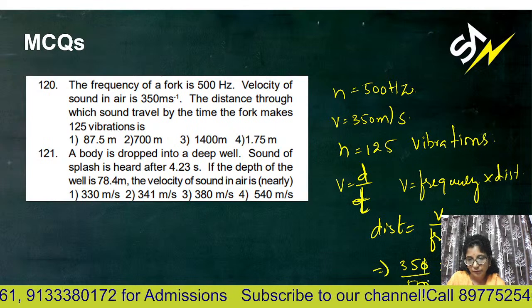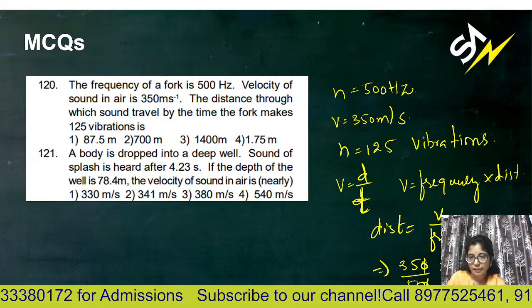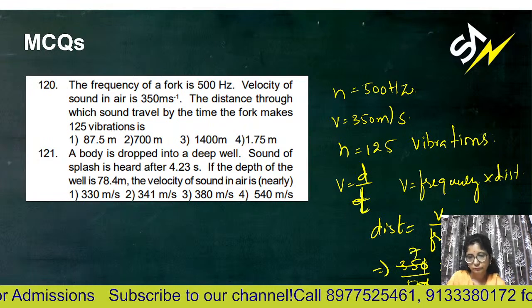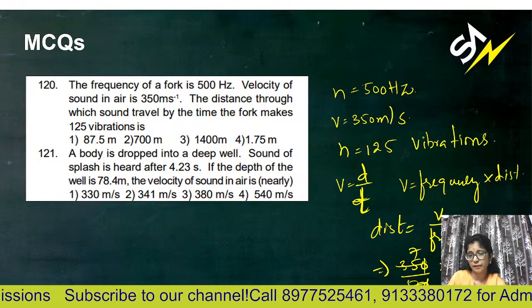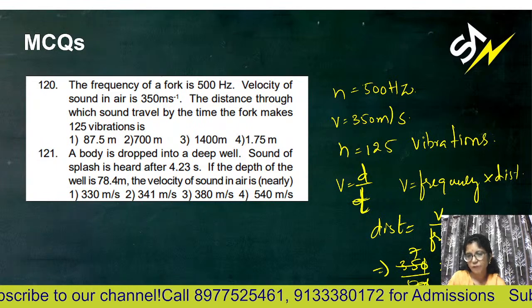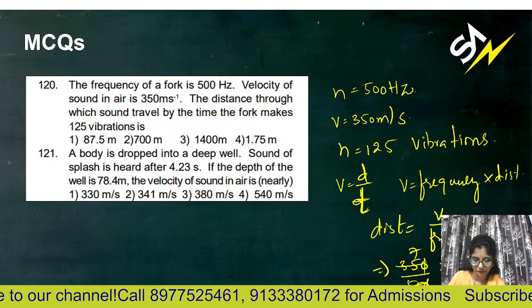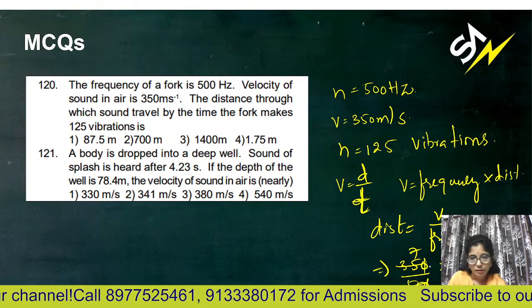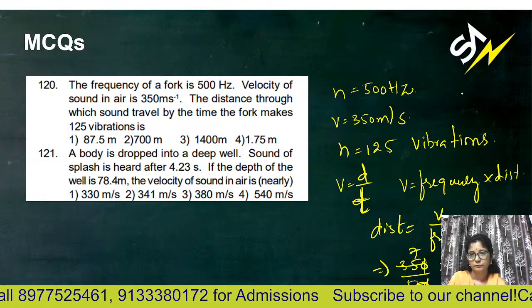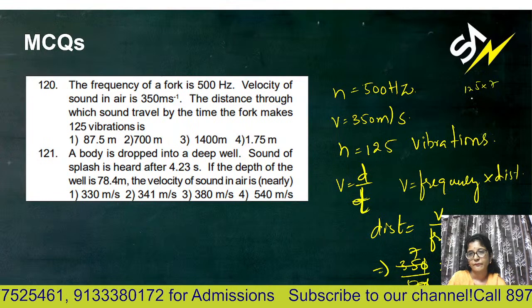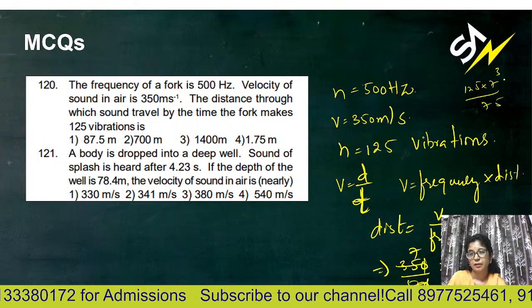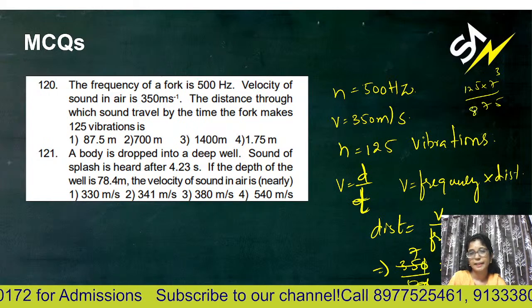So when you cancel this, you get 5 tens, 5 sevens. 125 into 7 by 10, or 12.5 into 7, will be almost equal to 7 5 7, 2 14 17 and 7 1 7, 87.5.